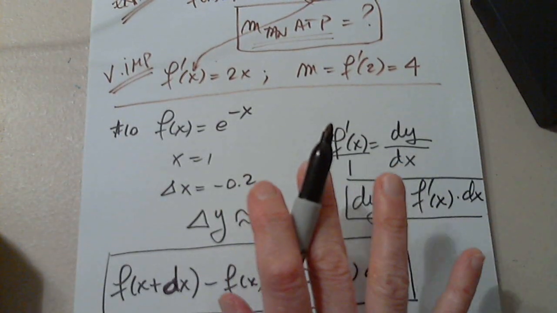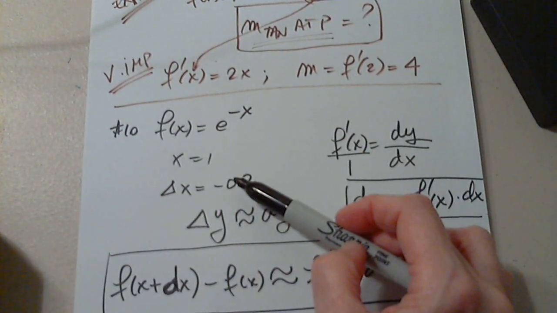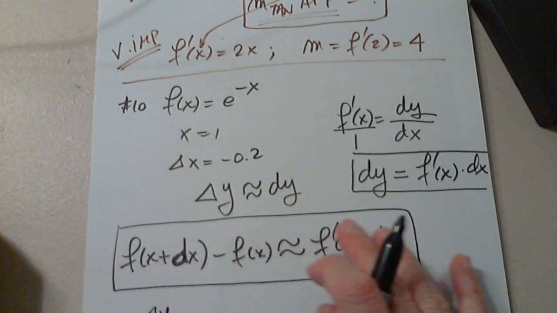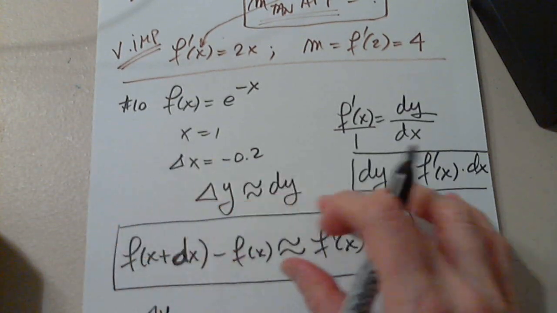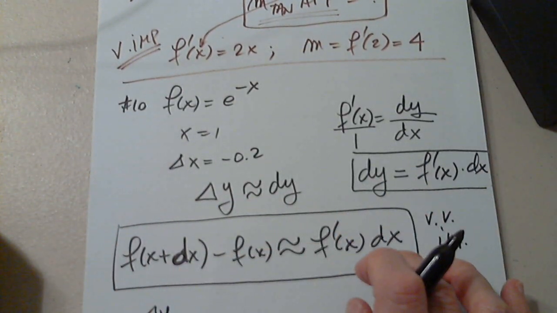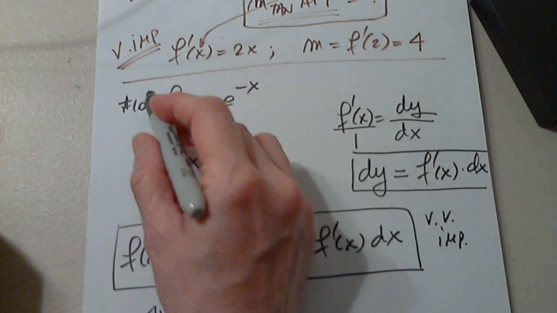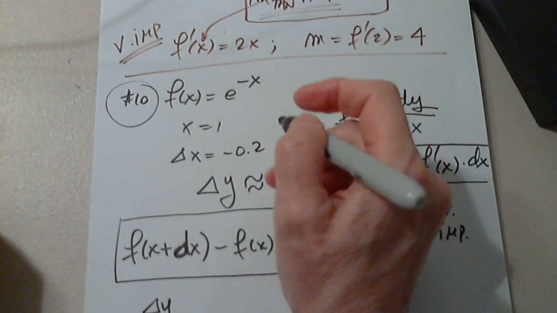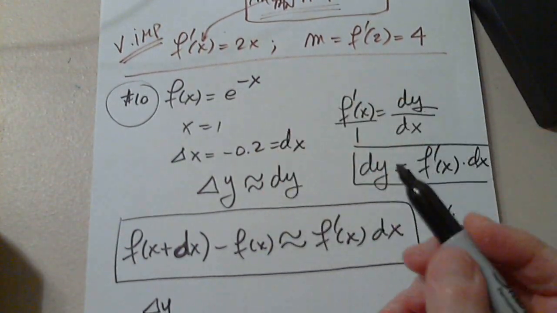Okay, for now, for this problem, we're asked to find delta y and we're asked to find dy. We're not asked to approximate anything, so this is a very important formula. We're going to get to it in a minute. Right now, for problem number 10, we're given a function, we're given x, we're given delta x, which is the same as dx.